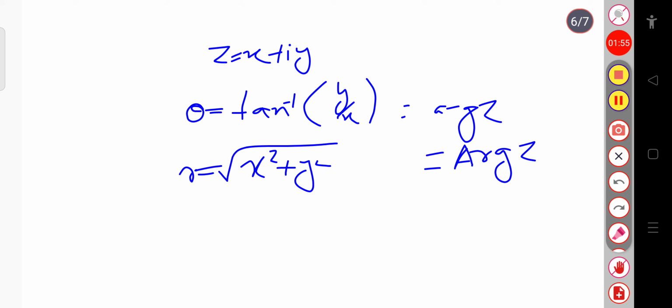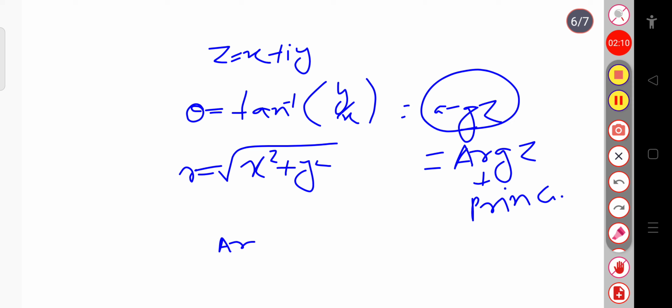This is the principal argument, and it is a single valued function. Capital argument of z is the single valued function, and this is known as the principal argument, and small argument of z is nothing but the capital argument of z plus 2k pi. We have already discussed this part.